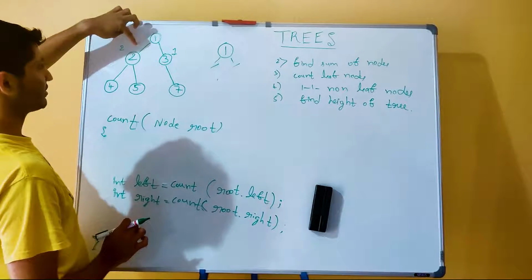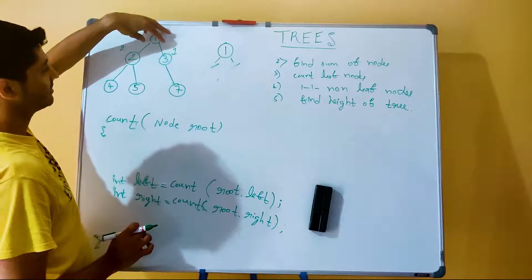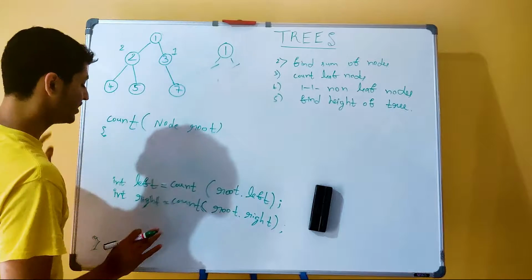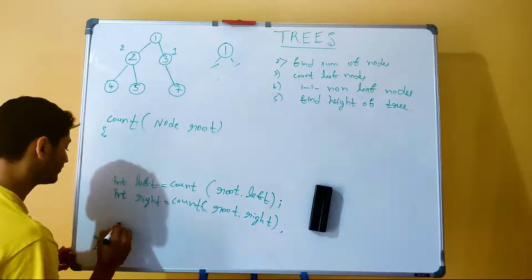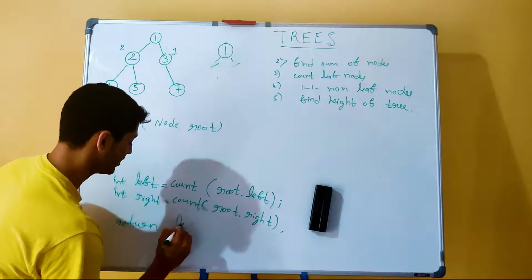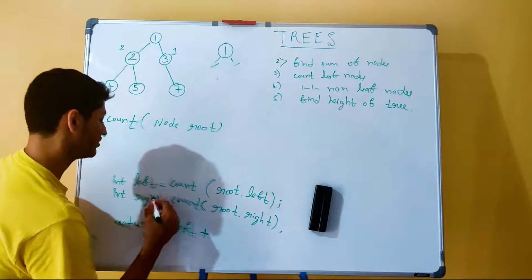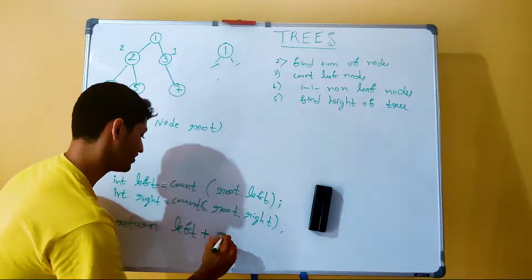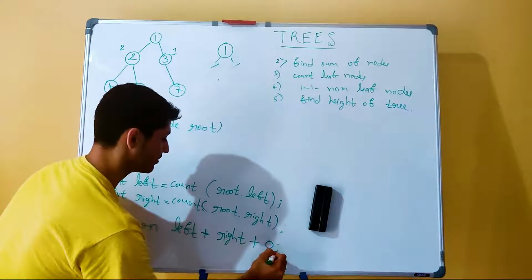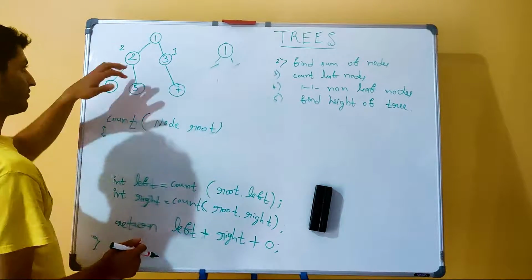It has two children, that is this subtree and this subtree. So we know that this is not a leaf node, so we do not consider this as a leaf node. How do we relate it with the subproblems of left and right? We'll return left subtree's leaf count plus leaf count in the right subtree plus 0, because the current node has both left and right children.